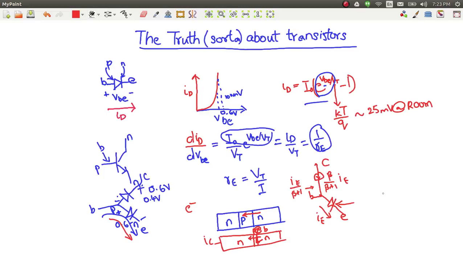Another model that's fairly common basically looks at the base current. So if I assume there is a base current IB, then this model basically refers everything to the base current.